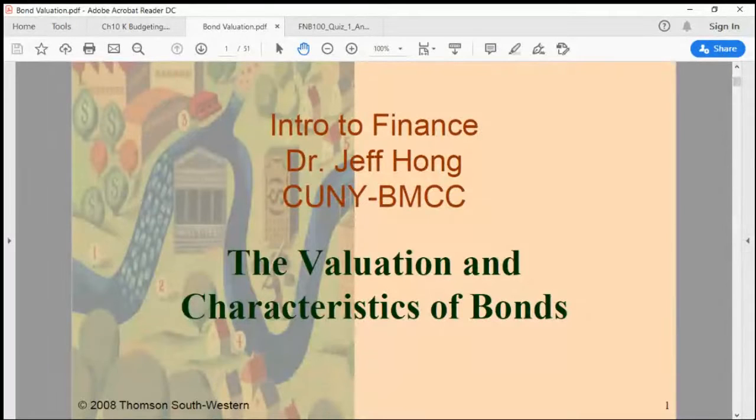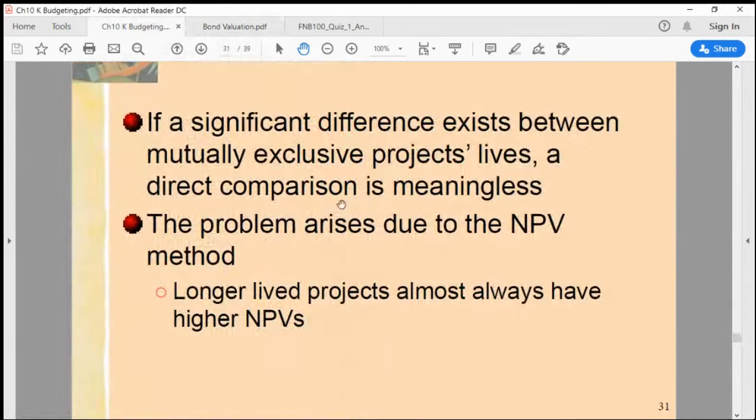All right. So then, if you don't consider this unequal length of the project, then you would always choose longer lived projects, right? But that is clearly not fair, right?